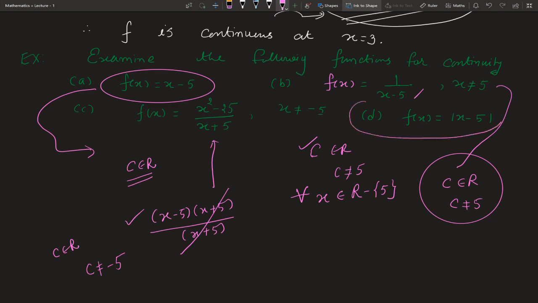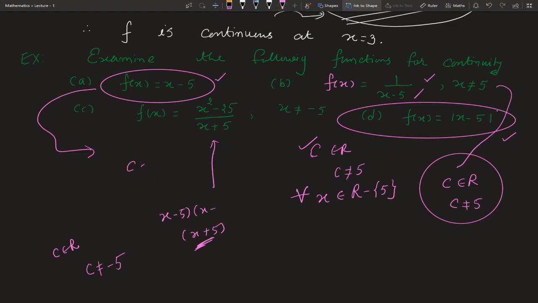In the fourth one, first we have discussed the general thing, at which point we have to check continuity. In the first example we will take arbitrary c belongs to R and check continuity at c. Here we take arbitrary c belongs to R, but c not equal to 5. Here, on simplifying, again we take c belongs to R with c not equal to minus 5, so that the denominator cannot be 0. And here it is junction point D. We will discuss it when we solve this problem. So first we solve example A.